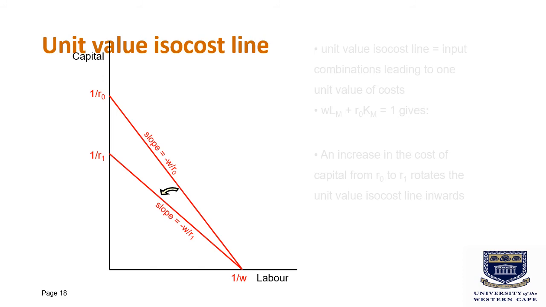It's important to remember this: for a unit value isocost line, when the rental rate goes up, the line shifts inwards to the left. That's different from when we dealt with isocost lines earlier, which was a different discussion in terms of slope. But now we are restricting the graph to equal 1, and that's why it's causing slightly different changes, but correct changes, because it's relative to the assumptions and restrictions that we have placed for the work that we're covering.